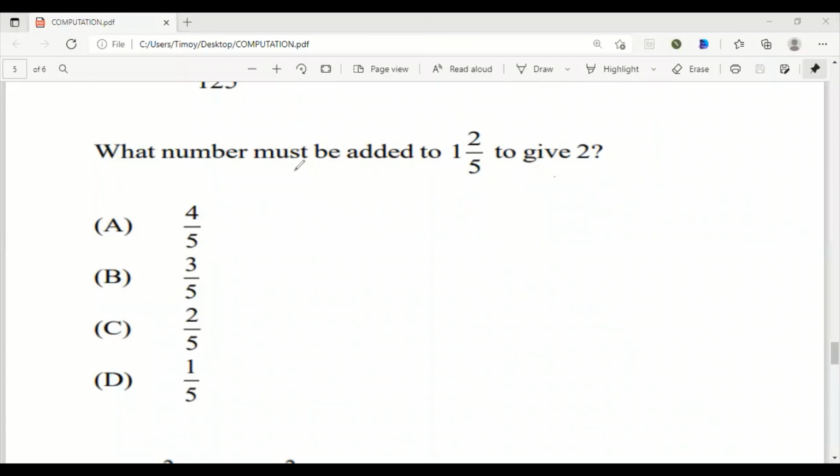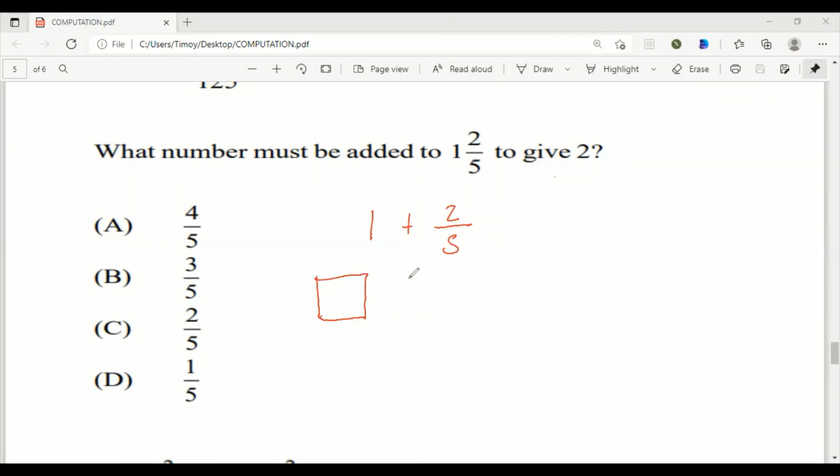What number must be added to 1 and 2 over 5 to give 2? Now, this question, what does 1 and 2 over 5 mean? 1 and 2 over 5 means 1 whole plus 2/5 of a whole, right? So in other words, if we look at this from a graphical perspective, it means that we have 1 whole. So let's see, that's a square cake.